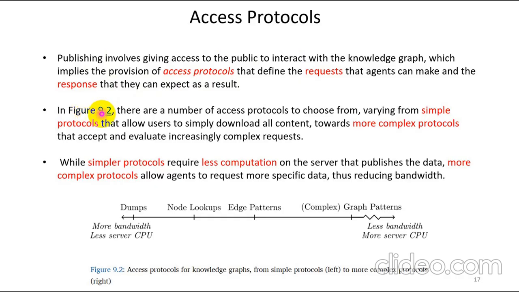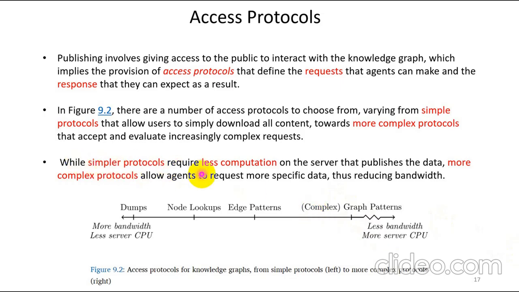In Figure 9.2, there are a number of access protocols to choose from, varying from simple protocols that allow users to simply download content to more complex protocols that accept and evaluate increasingly complex requests.